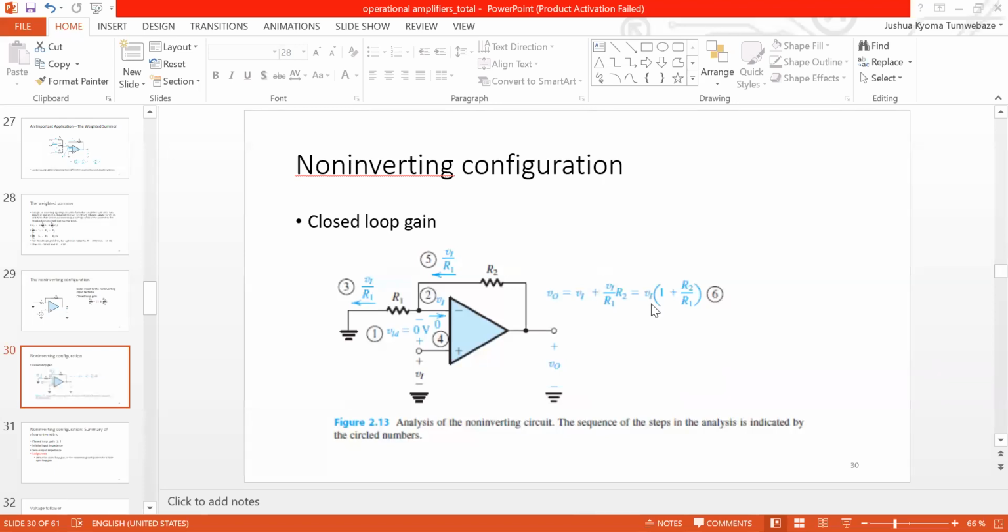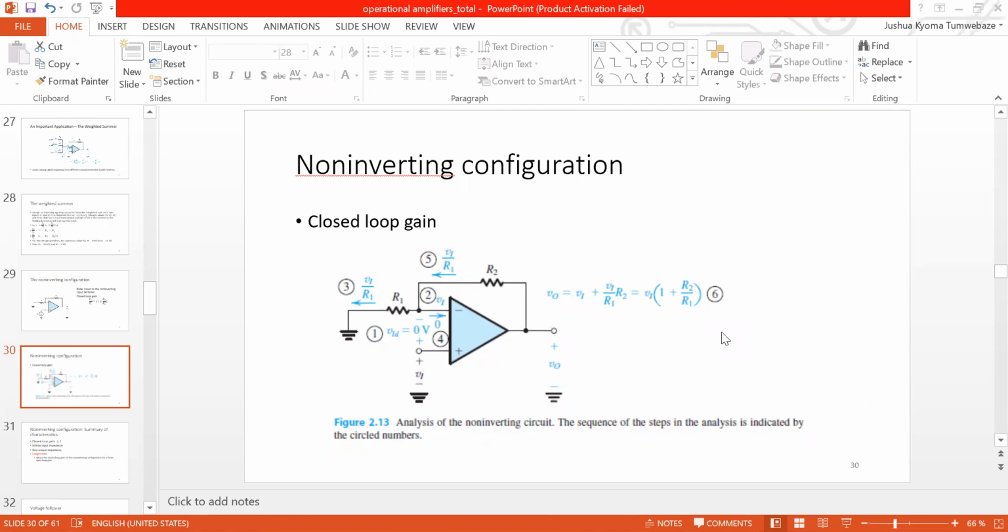You'll see that VI is a portion of V naught, implying that there's some voltage division. It looks like a voltage divider problem. I don't know whether that's what you were talking about or not.